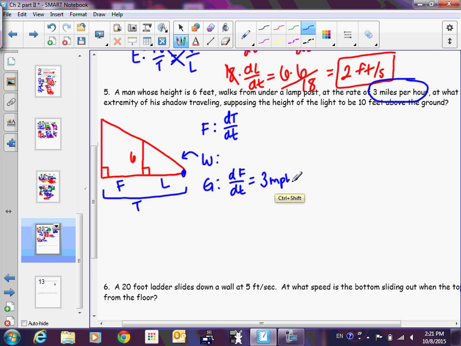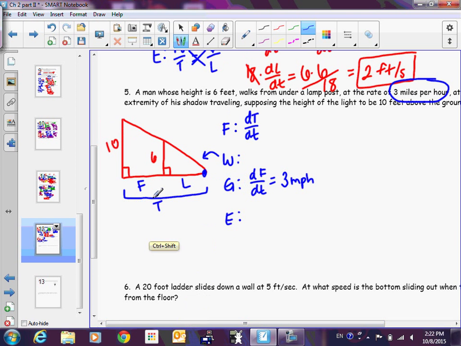Now, I do want to point out real quick that we have feet and we have miles here. Because of the proportions, we can change them or we don't have to. I'm not going to change them, but I'm going to explain why as we get into the problem.